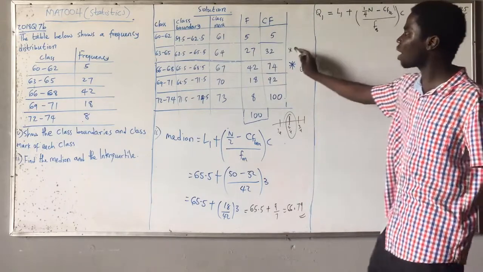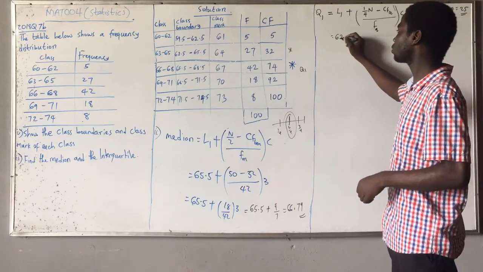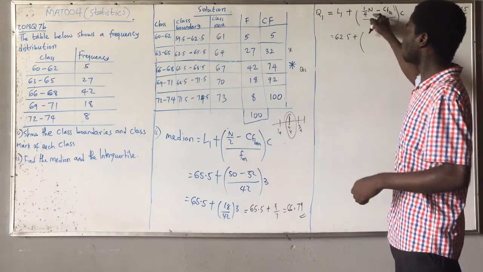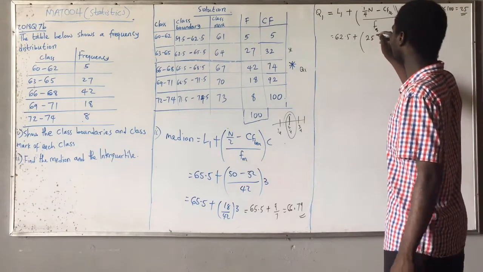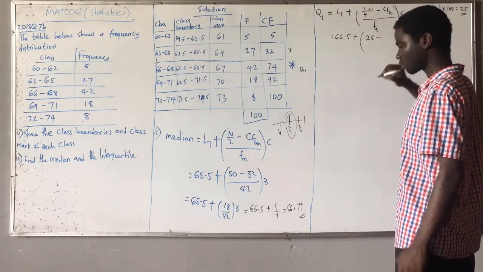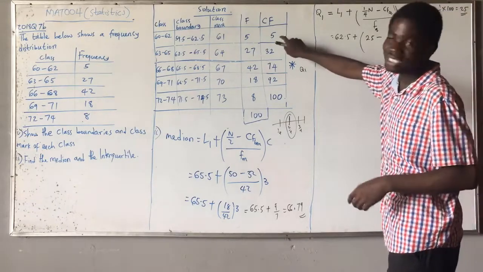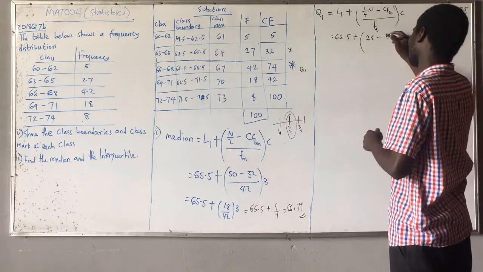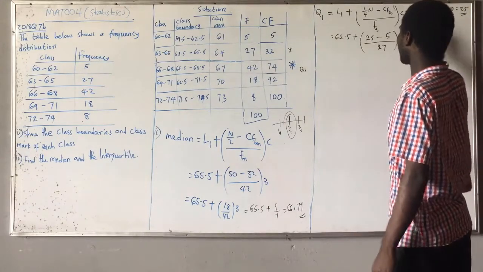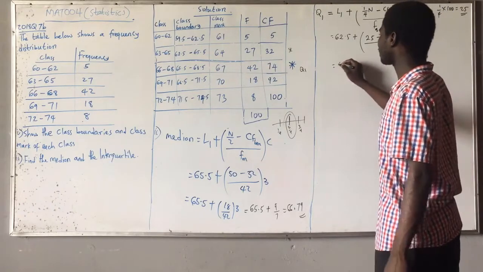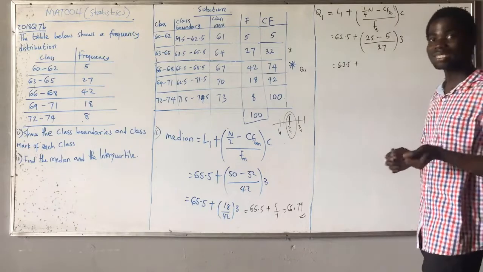So what is N1? The lower class boundary of this class, 62.5. So this is 62.5 plus 1 over 4 N, that is 100 divided by 4, which is 25, minus the cumulative frequency before this class, which is 5, all over the frequency of that class, 27, times C. C is 3. So 62.5 plus 25 minus 5 is 20.